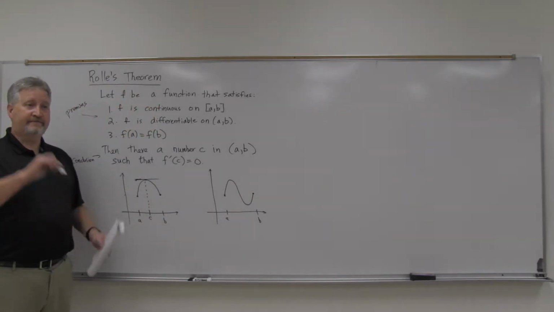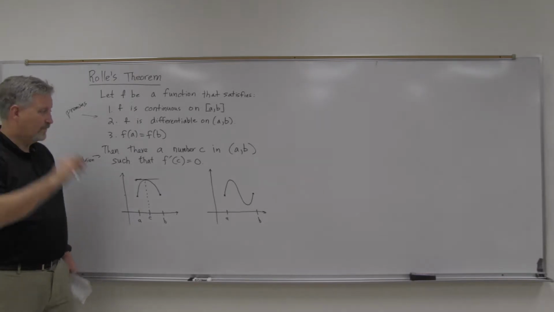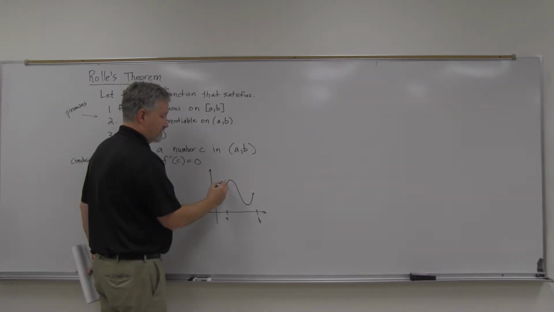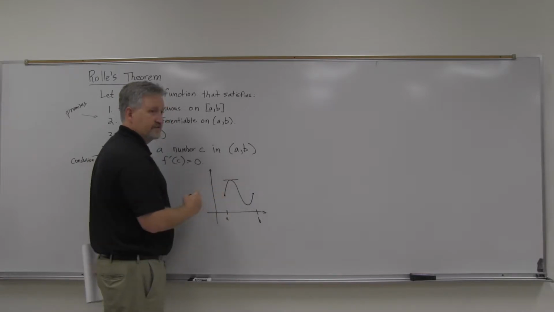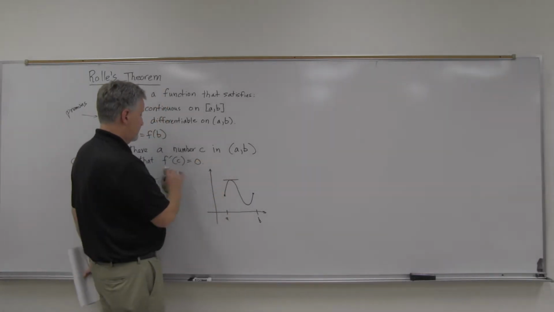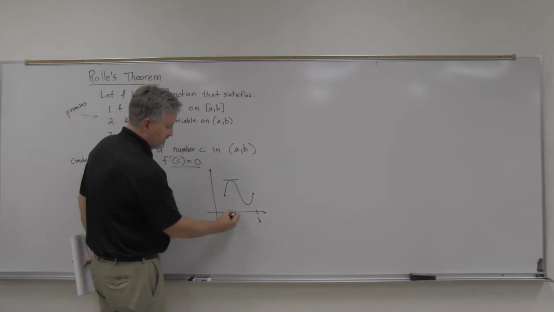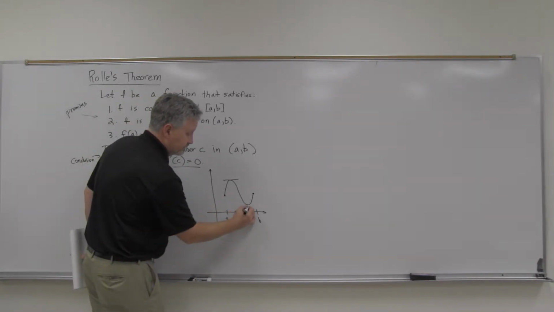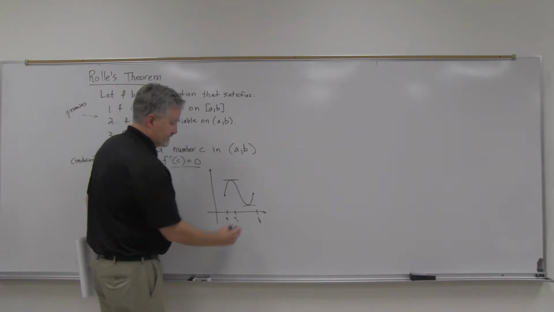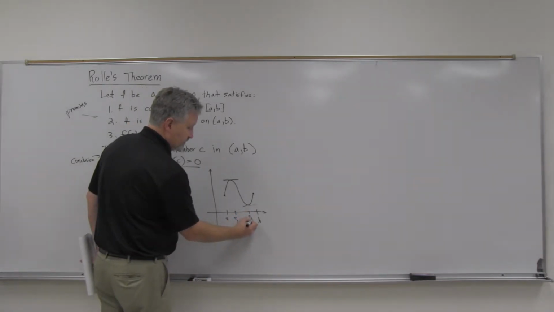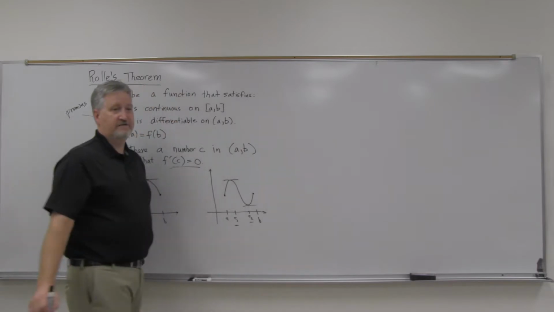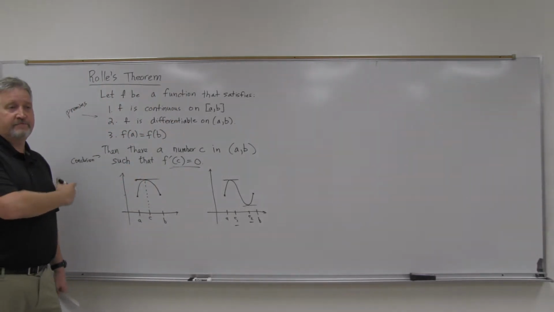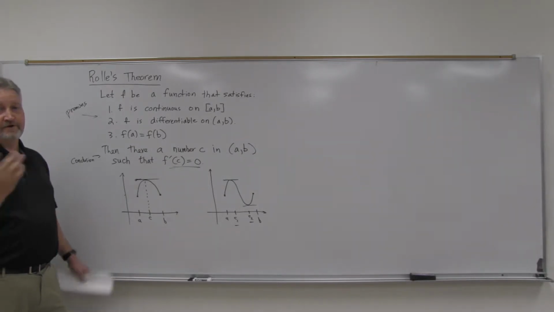Now, what does that mean? Well, that means there's two c values that satisfy this conclusion. There's a horizontal tangent there, so the derivative is 0 at that c, call it c1. And then there's another one right there, call it c2. Both of those would satisfy our conclusion, right? The theorem just says there's at least one. There could be more.